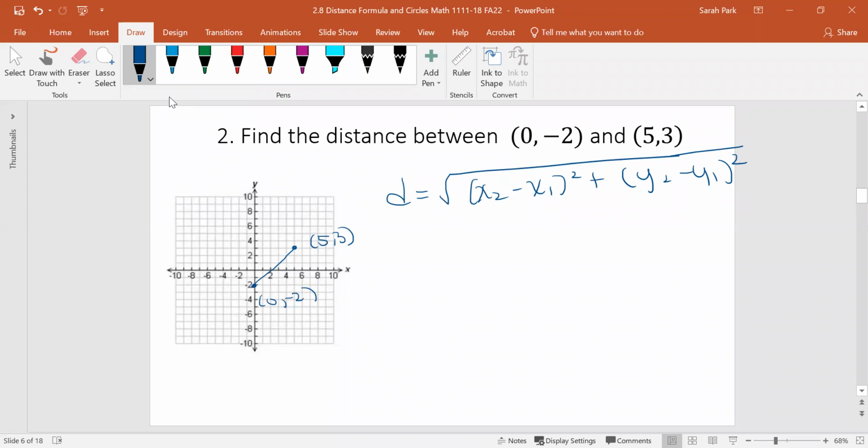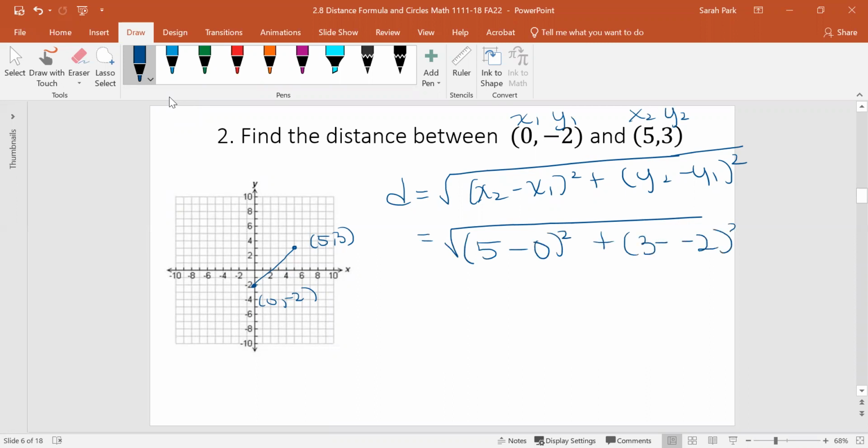Okay, I hope you had a chance to calculate on your own. Let's check. We have 0 as x1, -2 is y1, and 5 is our x2 value, 3 is our y2. So let's substitute those values into the formula. We have x2 being 5 minus 0 squared plus 3 minus -2 squared. We have 5 squared, and then 3 minus -2 is 3 plus 2, so that's 5 squared. 5 squared is 25 plus 25.